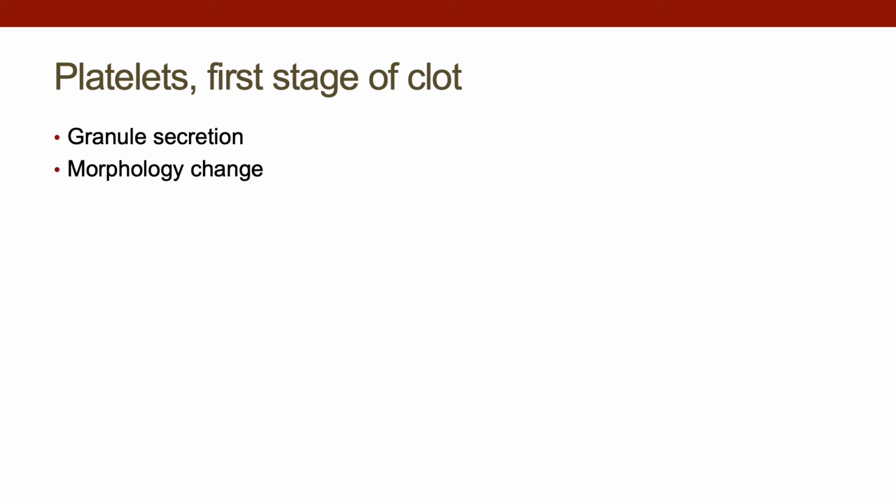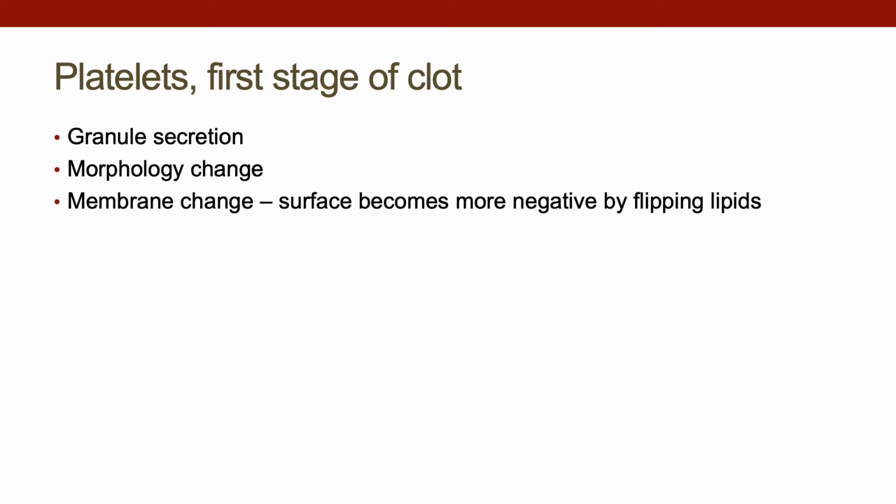And then there's also the morphology change I showed earlier, with the cytoskeleton changing, forming those protrusions. And there's a change in the membrane, and some of the lipids are flipped from inside to outside to make the surface more negatively charged than it was before activation. And the platelets aggregate to form a platelet plug.